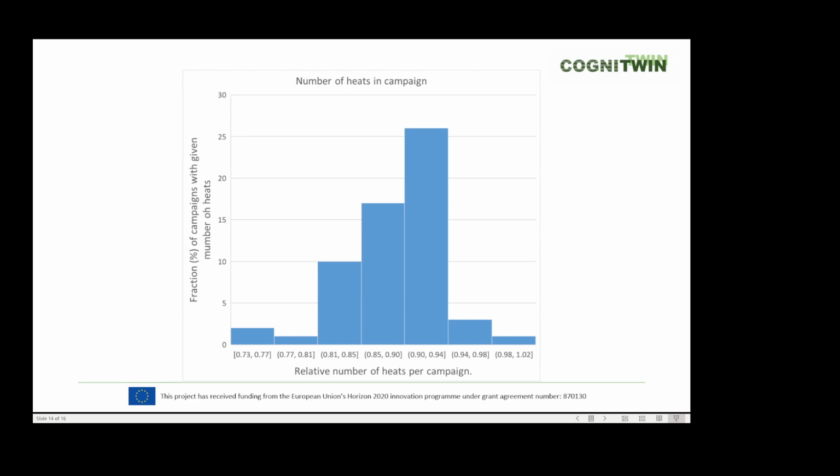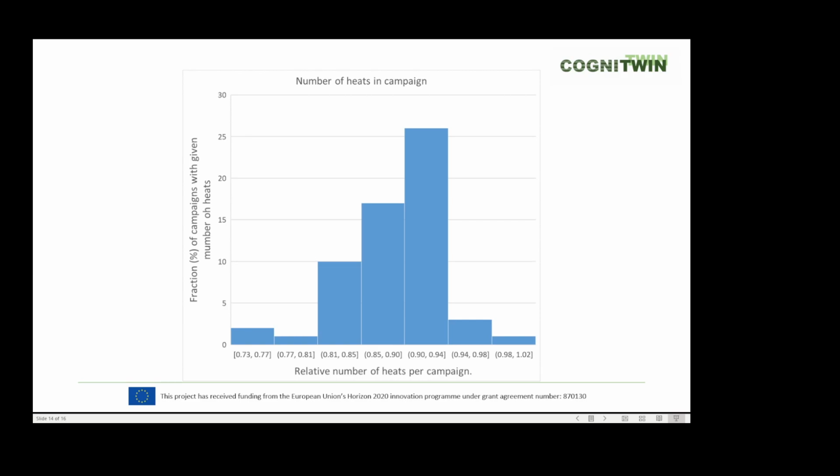There are some campaigns that last for a very long time, but there are also some which are lasting much fewer heats. So to the left we see that there is actually a few campaigns with a quite low, like 15% fewer heats than the average. The maximum is roughly 10% above the average.